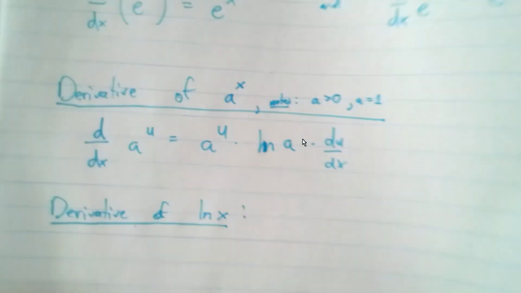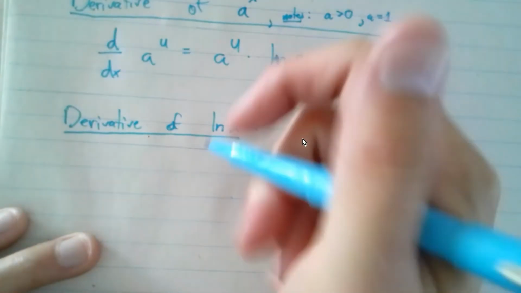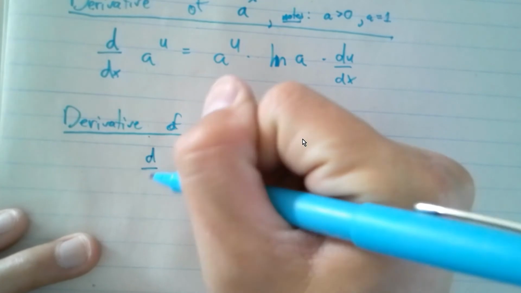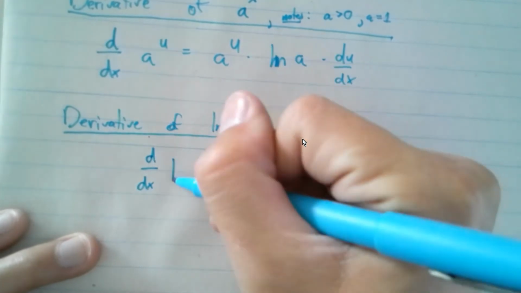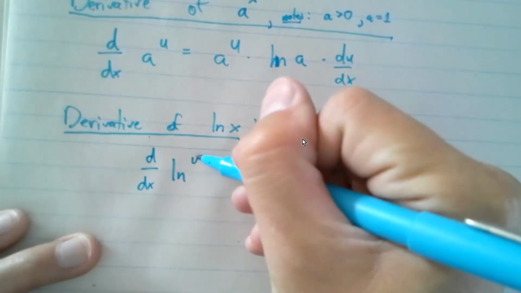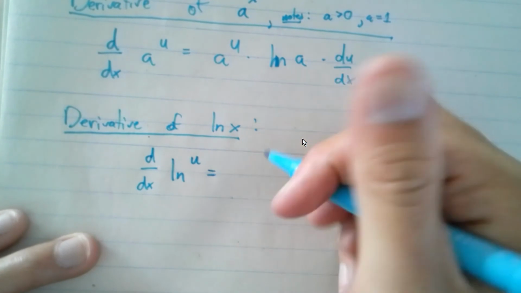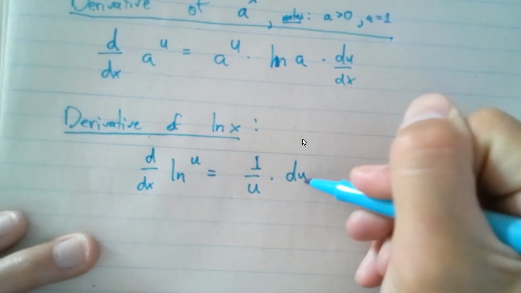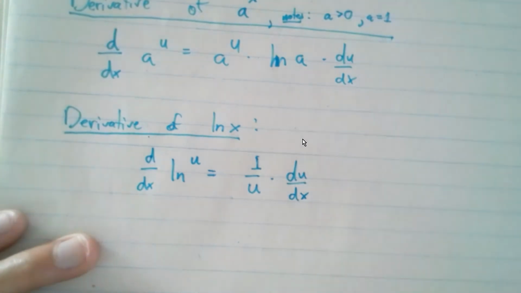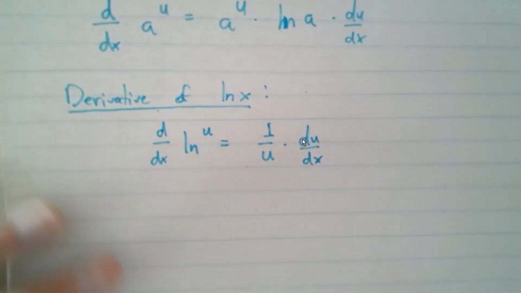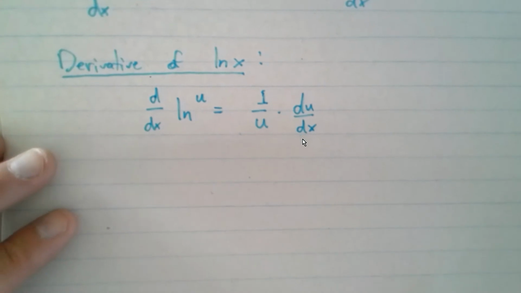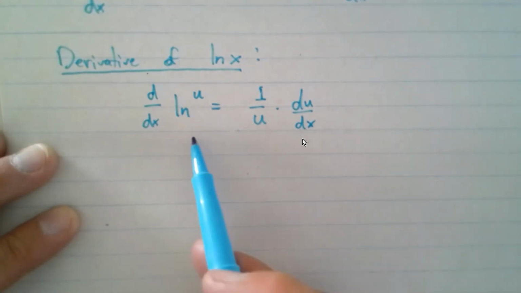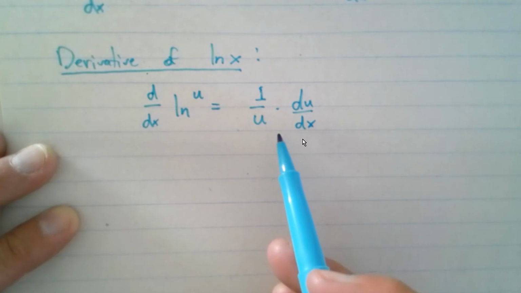Sorry. So derivative of natural log of x. What that's going to look like is d over dx. I'm giving you a bunch of different equations now, a bunch of different formulas for derivatives, because I don't have time to prove these. I don't have time to prove that these things aren't just random facts, but mathematically it does make sense.